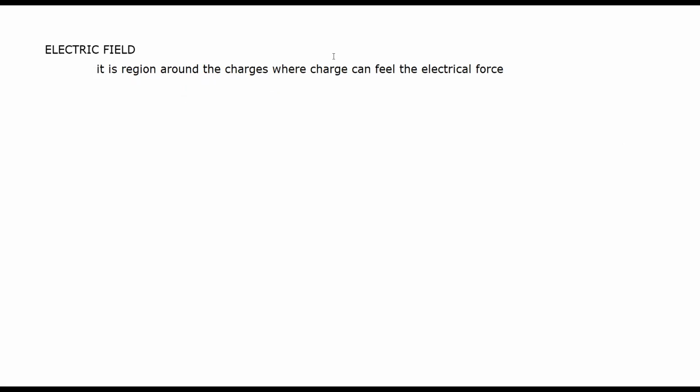For example, if I place a proton and next to this I place another proton, what will happen? Because protons are positive, or like charges, what will these like charges do?